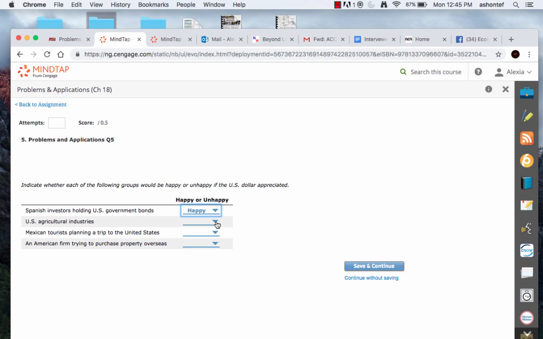Well, again, the dollar has gone up in value, which means it takes more foreign currency to buy the U.S. currency. So in essence, what that means is it makes U.S. goods overseas more expensive. So if you're the industry, you're not going to be too happy about it. And it seems like a contradiction, but it's not.